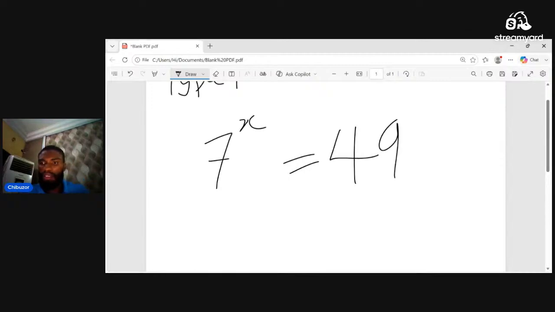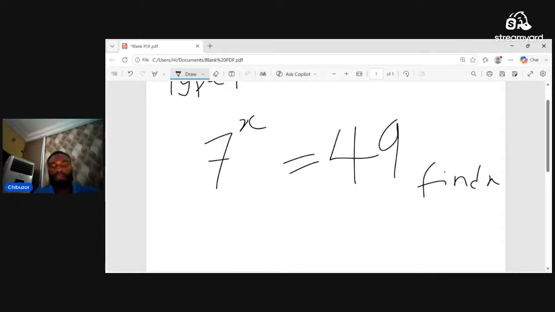So let's see who will get this one. All right, let's see who will get this one. Nice, nice, nice. Gino Kereke, you got it. That's the answer. 7 raised to power x is equal to 49. Find x.